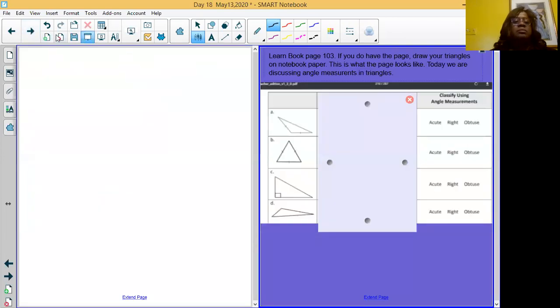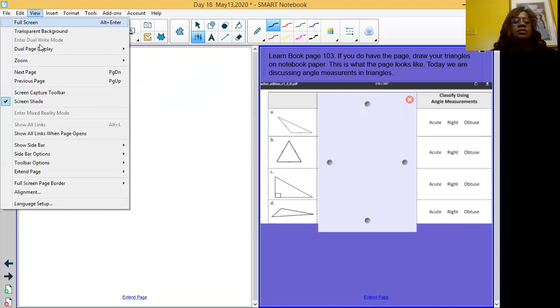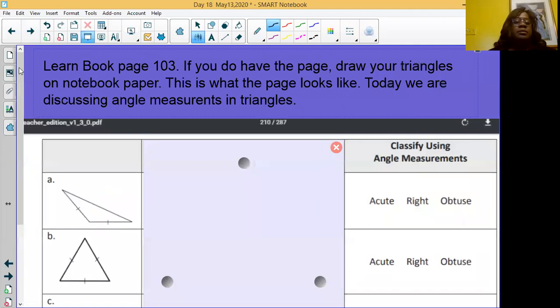All right, so yesterday you had to classify triangles by their size. Okay, so please turn to page 103 in your Learn book. And if you don't have your Learn book, it's okay. Just have a piece of paper out.